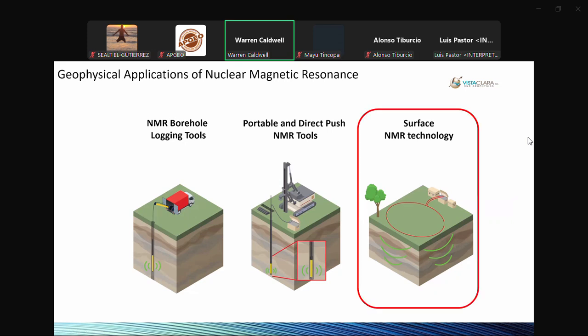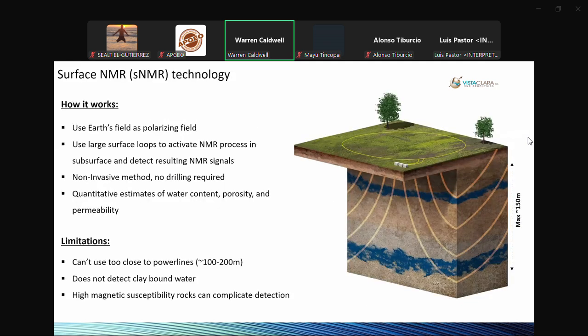So next, I'll briefly mention the surface NMR method. This uses, instead of permanent magnets in the probe, the B naught magnetic field from Earth's magnetic field. The method operates by laying out large loops on the surface, and then a similar excitation pulse as with borehole NMR is run through these surface coils, and then the same physical response in the hydrogen nuclei is generated and measured on the coil.